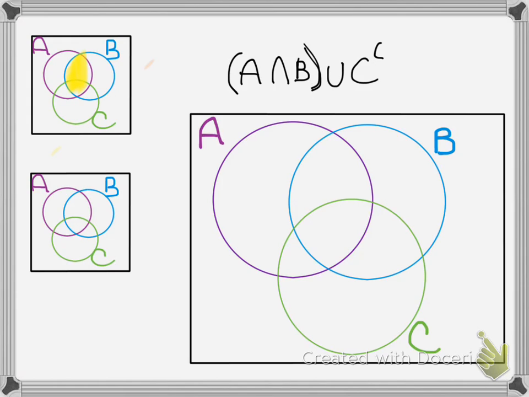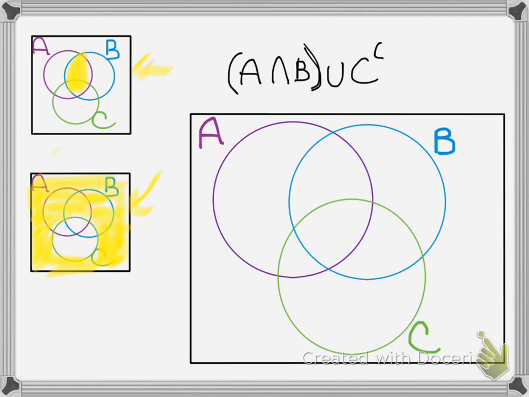So the complement of C, I'm going to switch to orange. No, I'll keep it yellow for now. The complement of C is here. Everything that's not in C. So that's almost everything. So if I put this lower one on top of that one, I'm not looking for overlap, I'm just joining them together.